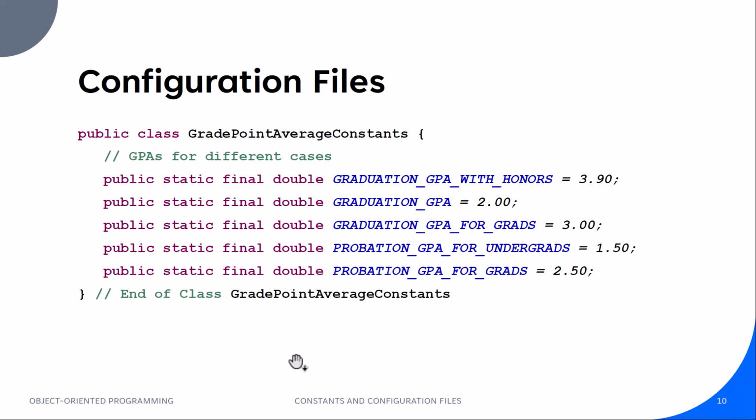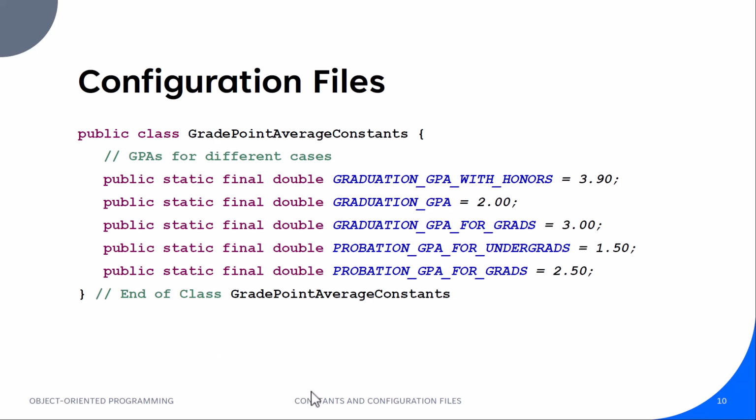Again, we use a similar approach as in the previous example. We are making them static final, and of course they have to be public, otherwise we won't be able to reach them from outside the class. And we have the graduation GPA with honors, which is 3.9. We have the graduation GPA, which is 2.0, and so forth. Of course, these are constants. How do we understand them? Well, they are in capital case, and they use the snake naming convention.